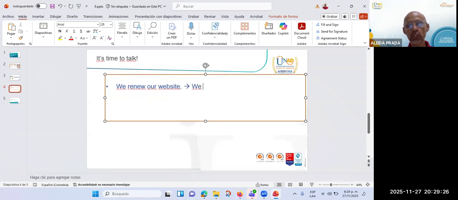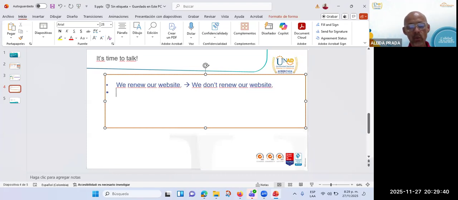In order to change this sentence to negative form, we use do or does. In this case, we don't renew our website. Okay? We are going to change this sentence into past. When we change the sentence from present into past, we have to change the verb, and in order to change the verb into past, we add ed.